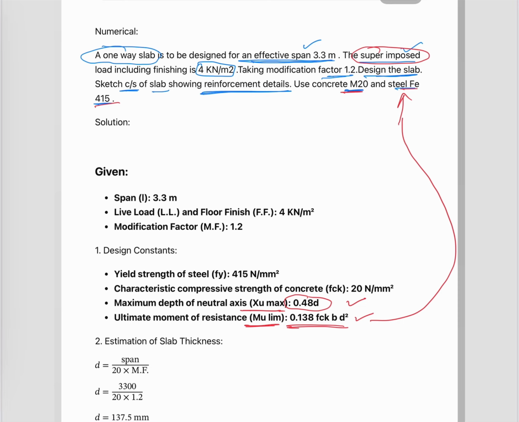If it is Fe 500, this scenario will be different. Understand? For this I can refer you to some detailed explanation, so you can refer to that.